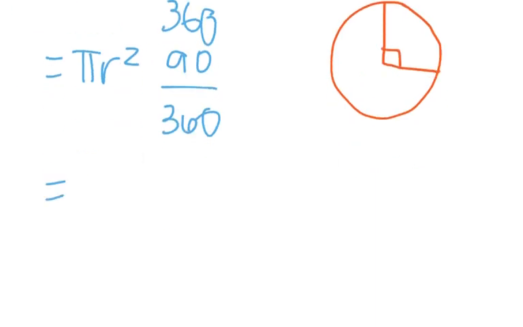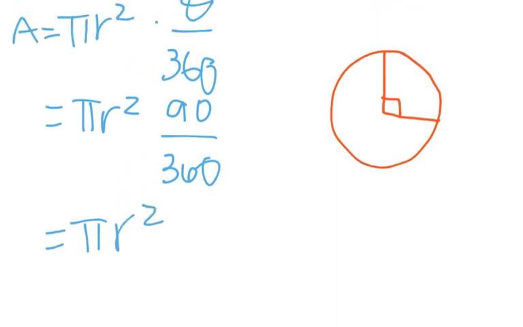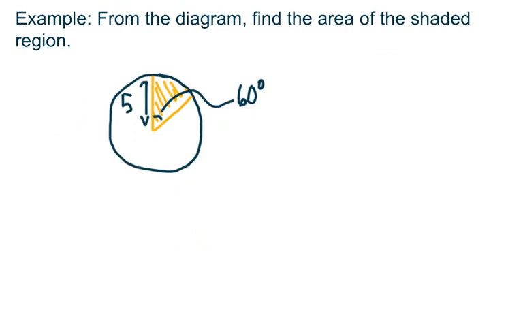So that's going to be 1/4 of the area of the circle, which makes sense because 90 degrees is 1/4 of the circle. So we're trying to find 1/4 of the area of the circle. I find that's the easiest way to help yourself remember the formula for the area of a sector, because you're just trying to find a specific proportion of the total area of a circle. It's kind of confusing, but I hope it'll start to make more sense with some examples.